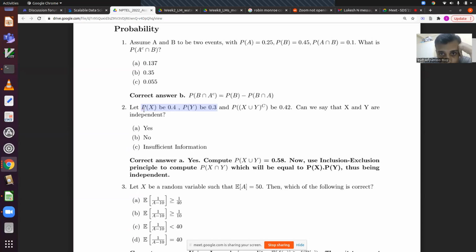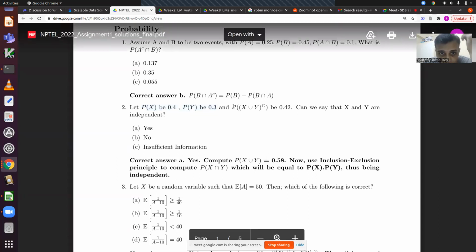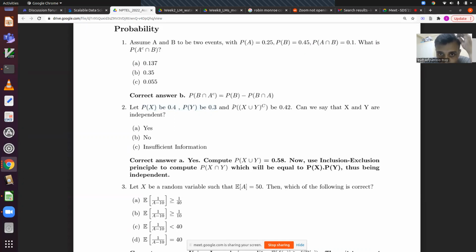So what is the X intersection Y formula? That one is 0.5. No, 0.58 is X union Y, not the intersection. So X union complement is 0.42. Therefore, 1 minus X union is 0.42, so X union is 1 minus 0.42, which is 0.58.